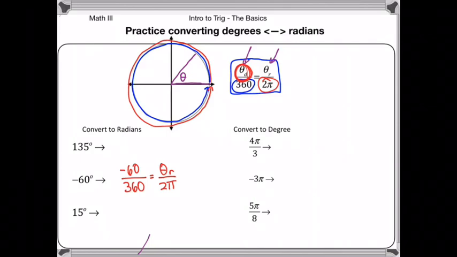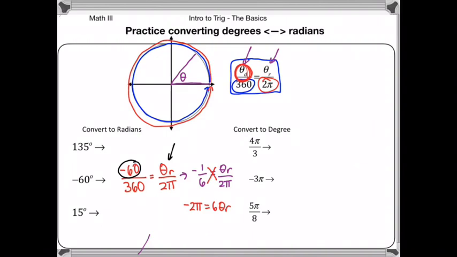Okay, so for the negative 60, I plug in up top because that's the degrees, and I want to know how many radians that is going to be. So I'm going to reduce the left-hand side, and from here, that reduces down to, pardon me, 1/6. And I am going to cross multiply. So I end up with a negative 1 times 2 pi, and then 6 theta r is going to equal that right-hand side.